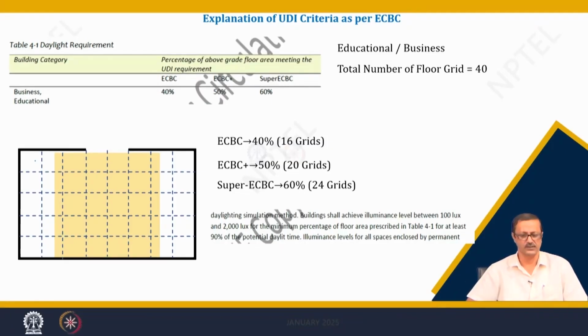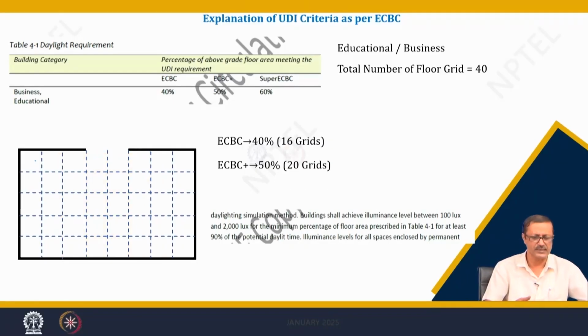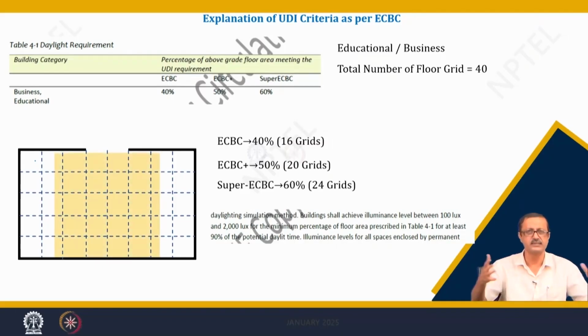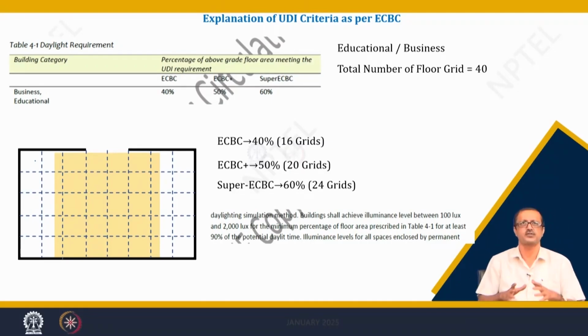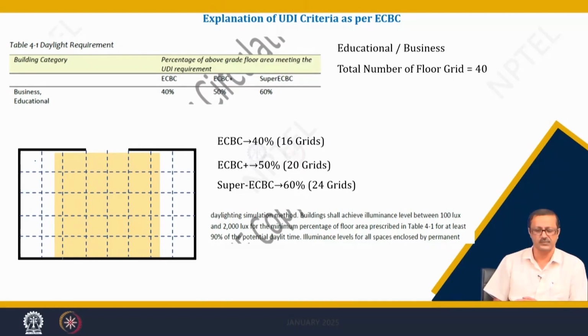and you will achieve 60% of the whole area. Now, it is not going to be magic that 16 grids, then 20 grids and then 24 grids, suddenly it is increasing. This increment is not magic, it has to do with some kind of physical changes in the building, in the windows, mostly in the fenestration.